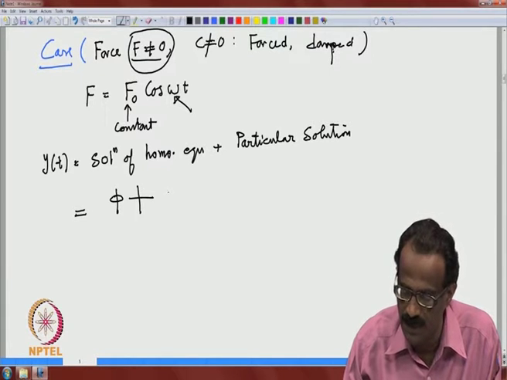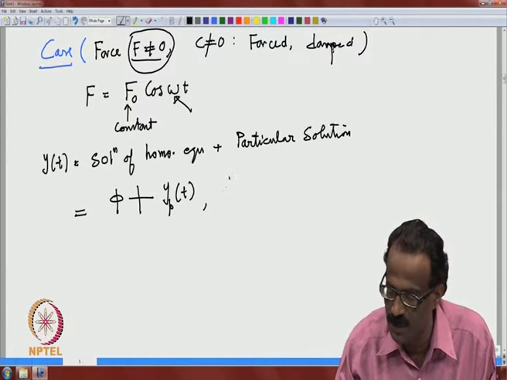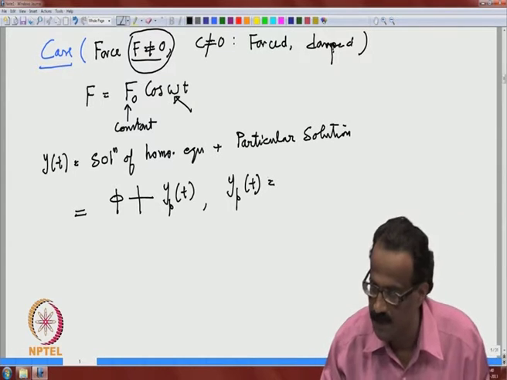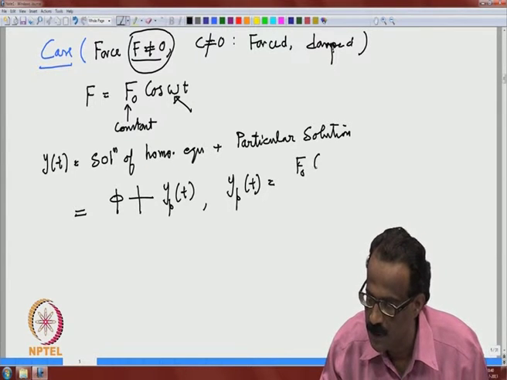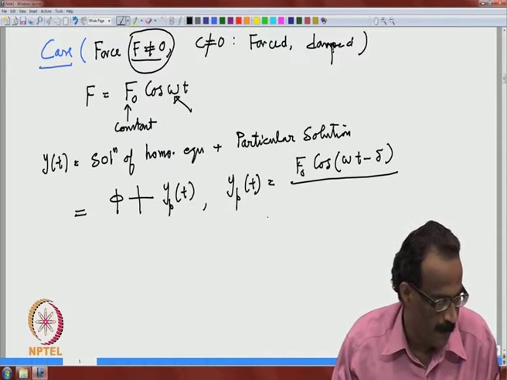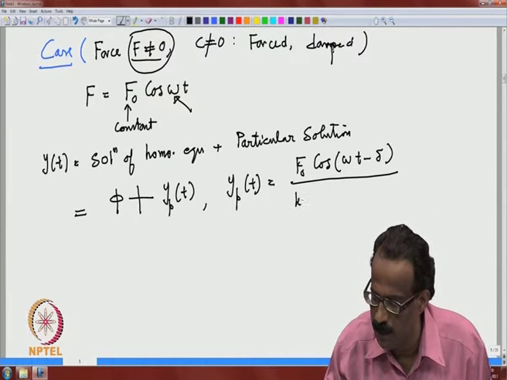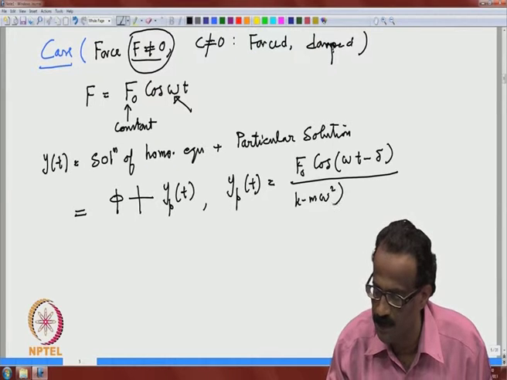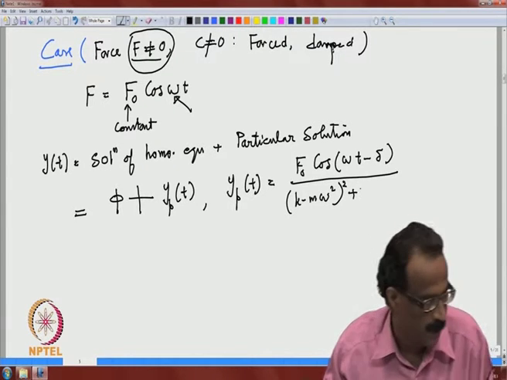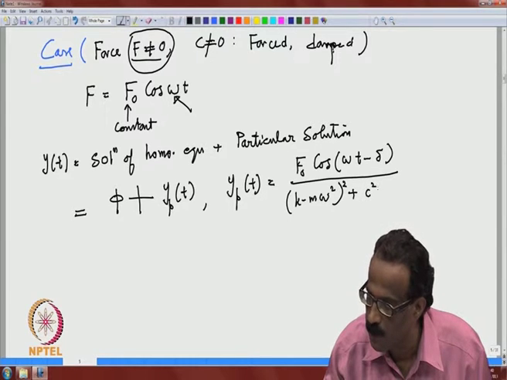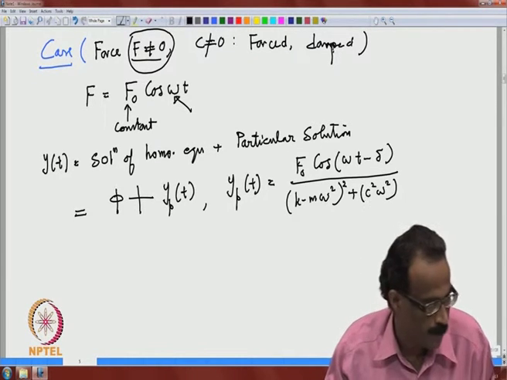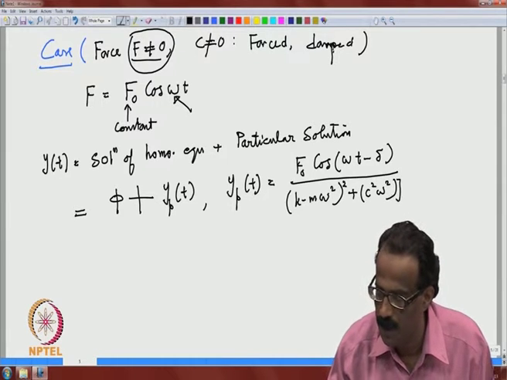The particular solution, let me denote it by yp(t). And what is the particular solution yp(t)? I can write it down: F naught, this is cos of (omega t minus delta), divided by something a little complicated, but you can see it is (omega naught square minus omega square) whole square plus c square omega square, whole power half.